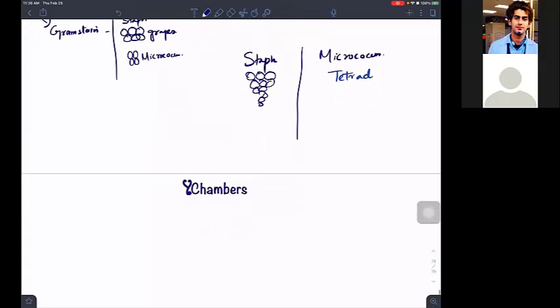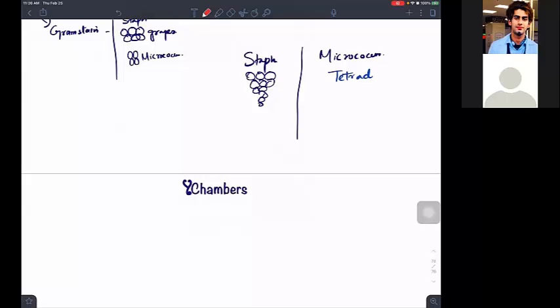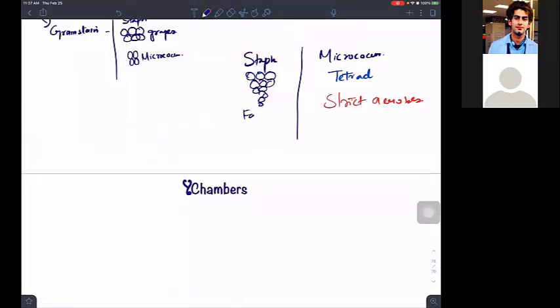Second difference: Micrococcus, they will say, I can't live without you. That is, they can't live without oxygen. So they are strict aerobes. But Staphylococcus are facultative anaerobes. You have to remember this point.